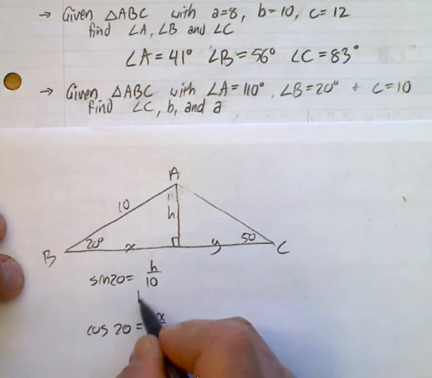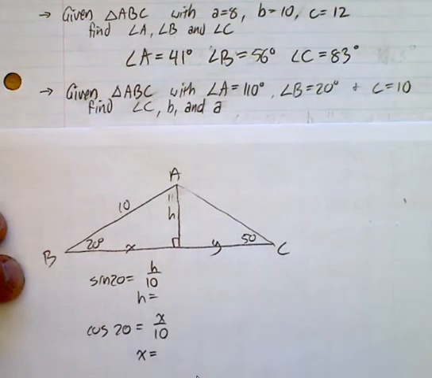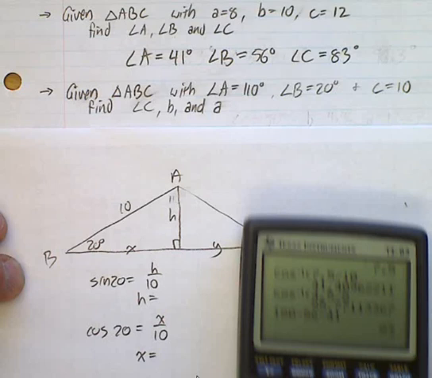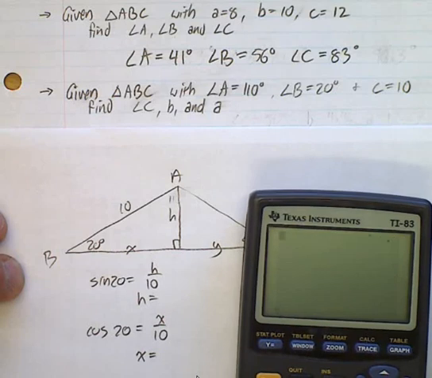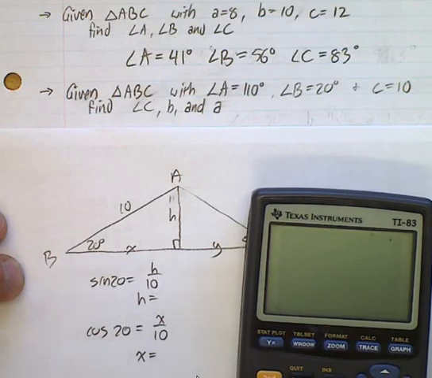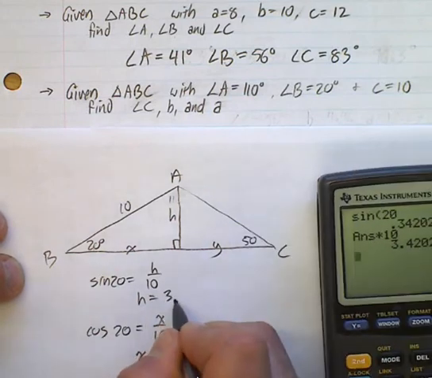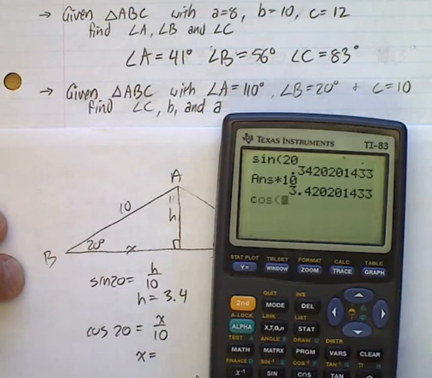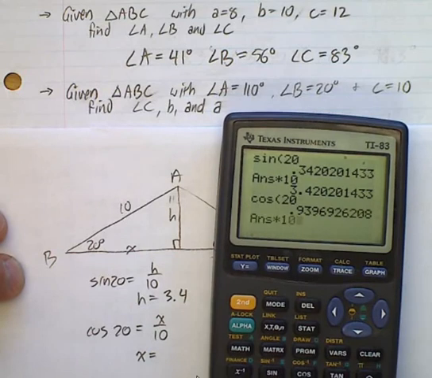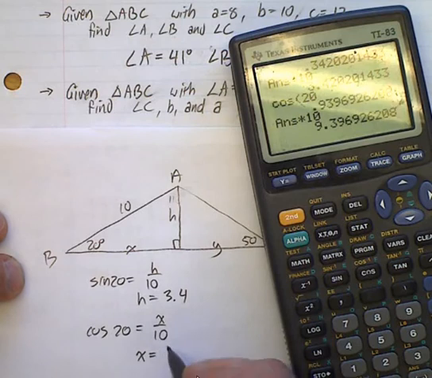So in each of these cases, folks, give it a shot, find out what that h and x are. Let's see if we can do it together if you don't know what's going on. So sine 20 times 10, this is 3.4. Okay, cos 20 times 10, 9.4.